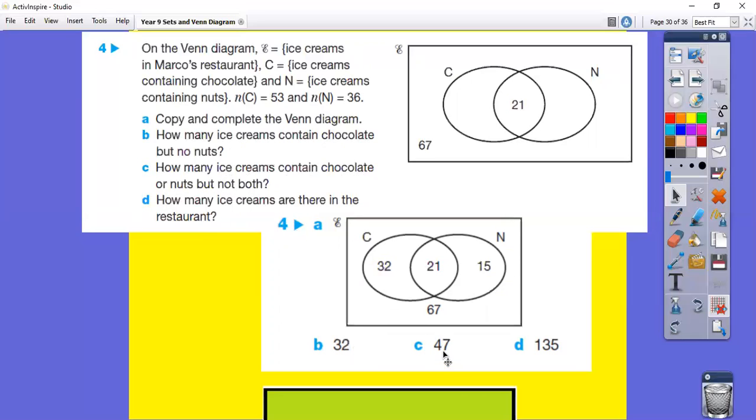That's 47. And part D, how many ice creams are in the restaurant? In total, that gives us 135. So the universal set, sorry, it's not 67, it's saying there's ice cream that isn't chocolate or doesn't contain nuts. So that's how we get the 135.